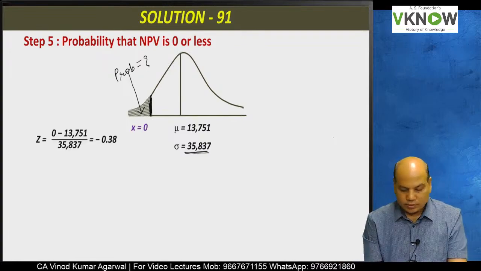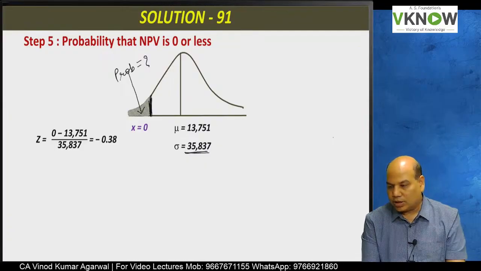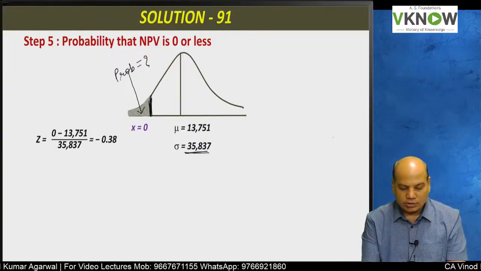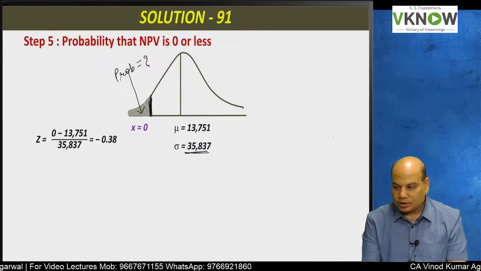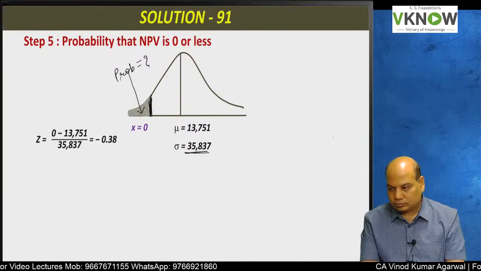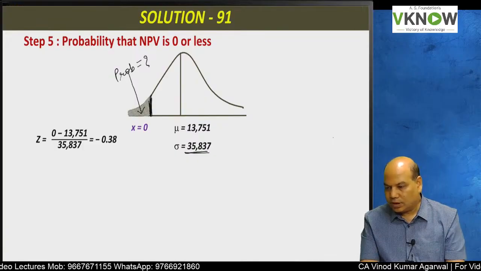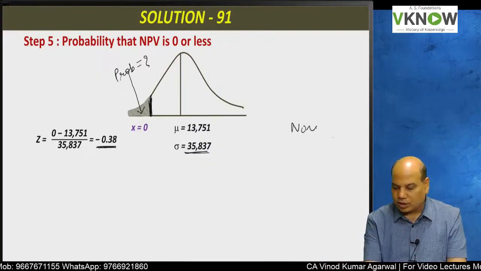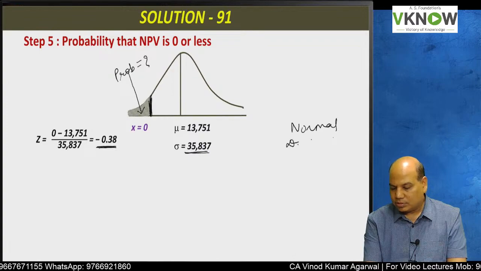First you will write below the graph, z is equal to, z value is 0 minus 13751 divided by 35837. This comes to minus 0.38. Go to the normal distribution table.